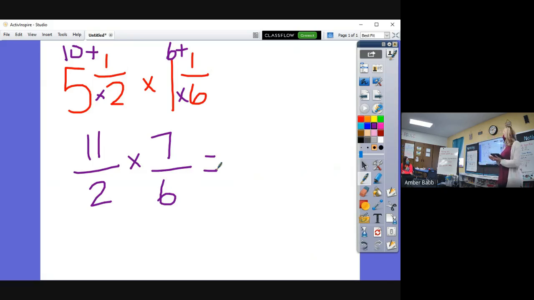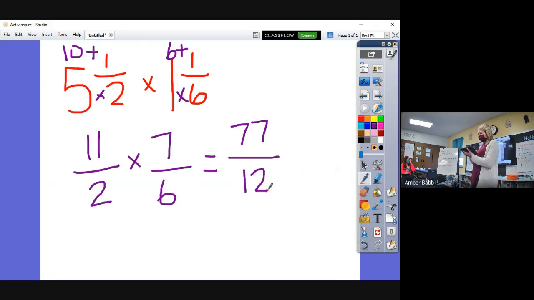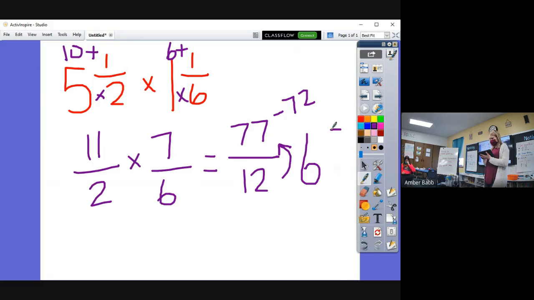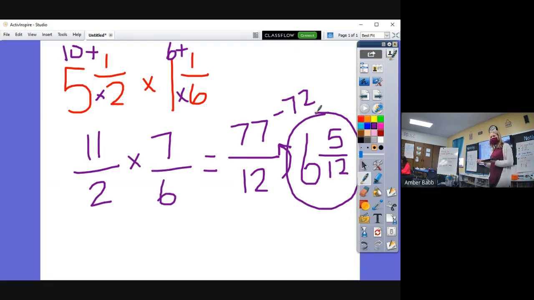Okay, so now I'm ready to just multiply my fractions. 11 times 7 is 77, and 6 times 2? All right, how many times does 12 go into 77? 6 times, which would be 72. 77 minus 72 is 5/12. Can I reduce 5/12? No. There we go.